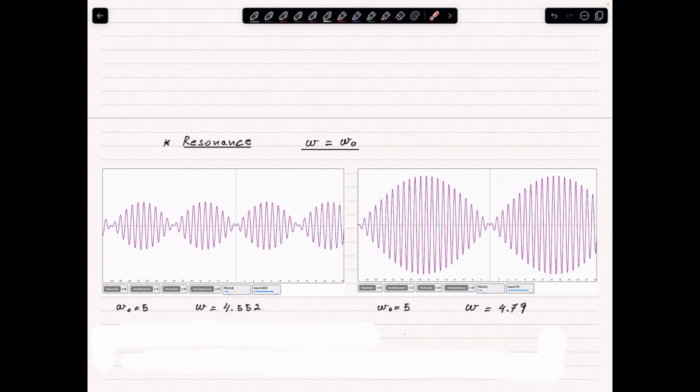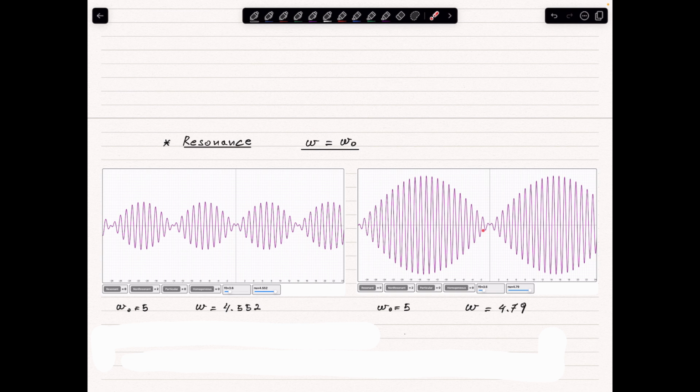Recall when there was only 1 Hertz of difference, we heard beep, beep, beep, but when it was 3, we heard beep, beep, beep, beep. So that means when the difference between these two frequencies is larger, that wavelength is smaller, and then that wavelength gets larger when we are closer to the natural frequency, and it's going to get larger and larger the closer we get.